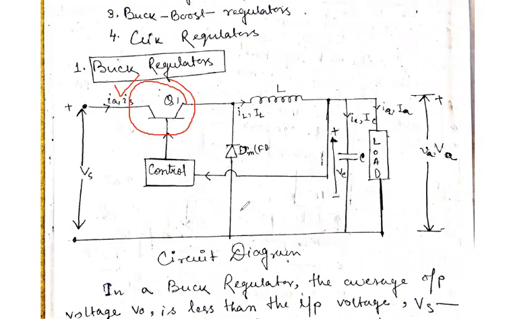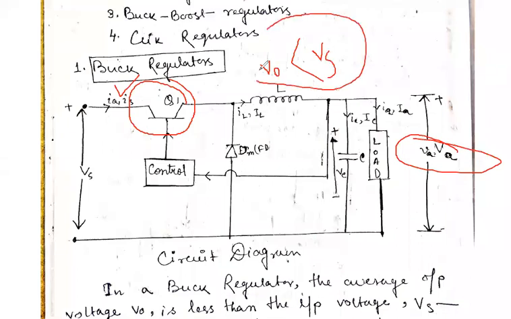So what actually happens in a buck regulator? The average output voltage is VA, or VO. In a buck regulator, the average output voltage VO is less than the input voltage Vs. So here VO is less than Vs. This condition we have seen in the case of a step down chopper.